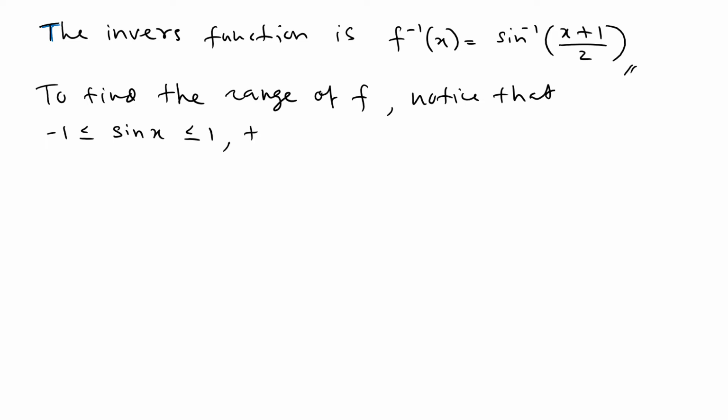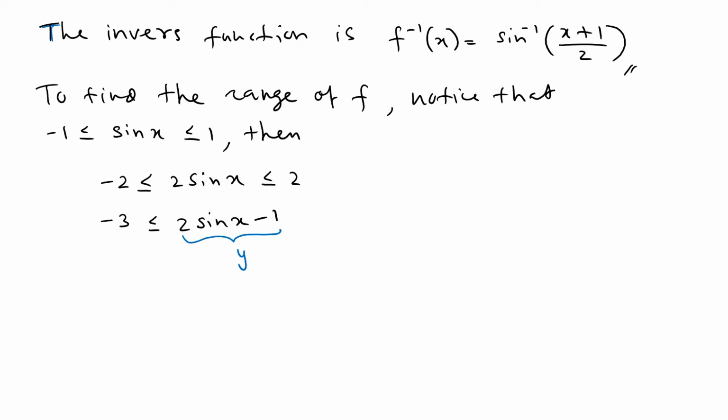If you multiply by 2, you get -2 less than or equal to 2 sine x less than or equal to 2. Then we subtract 1 from all three parts, so you get -3 less than or equal to 2 sine x minus 1, and you can see this is exactly y.